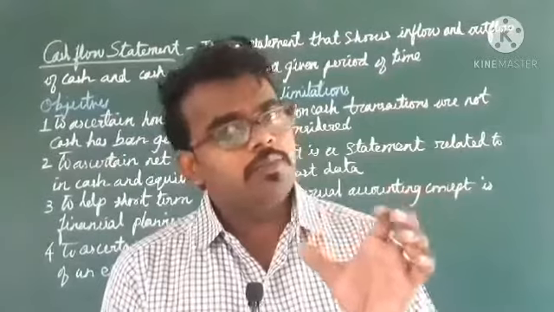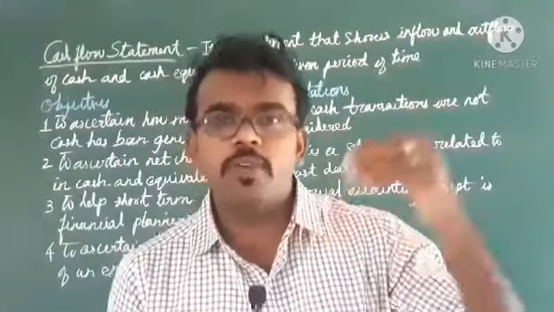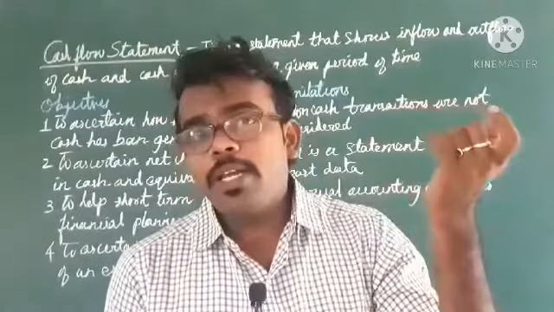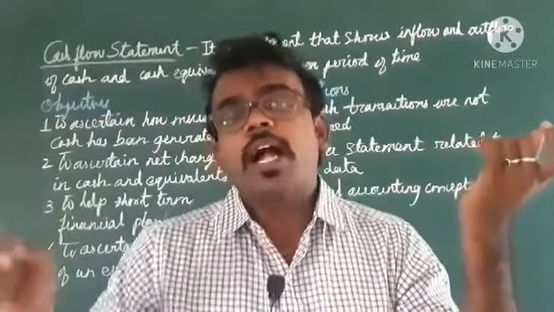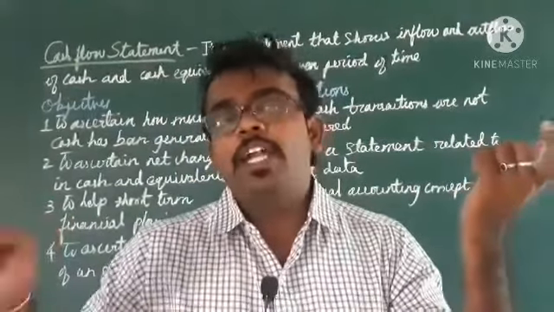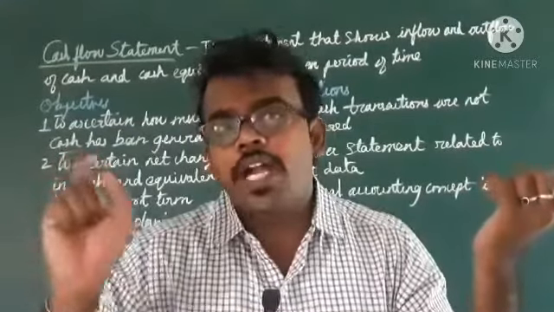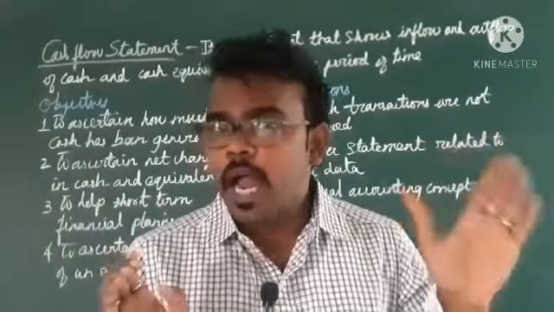You have an income, like last year cash is 100 rupees balance. The closing balance of last year becomes the opening balance of the present year. See, the opening balance of cash is 100 rupees. At the end of the financial year, the cash balance shows 500 rupees. Earlier, how much was the opening balance? 100 rupees.